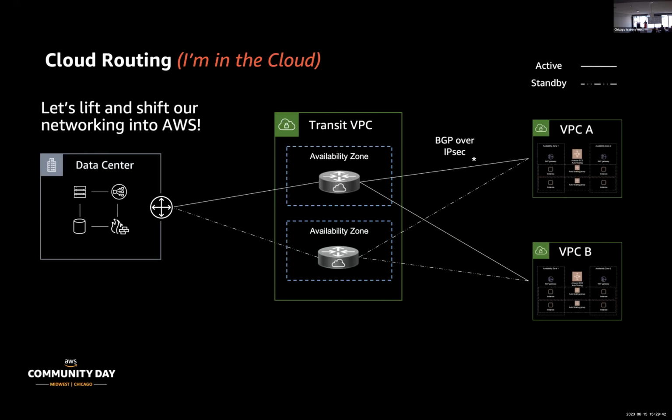Again, it's usually active standby, 2 tunnels per VPC. We're only using one of those tunnels at a time. And we're going to do the same thing with on-premises, usually BGP over GRE for that communication. So tunnels on the left, tunnels on the right.